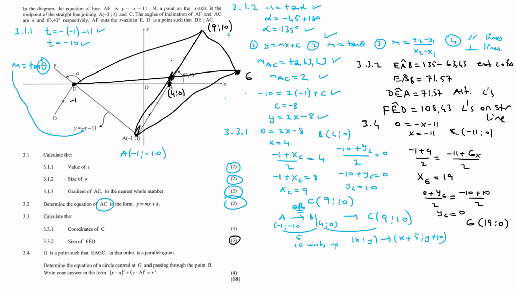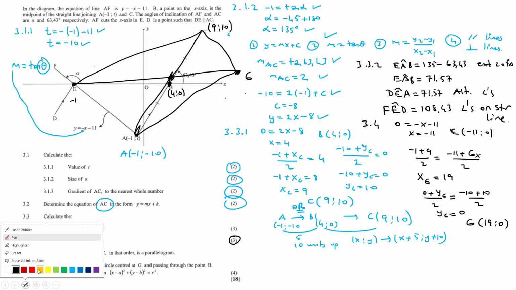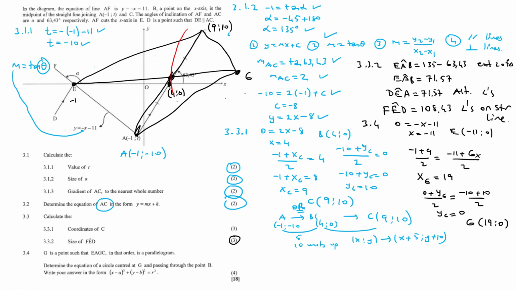The circle is passing through point B. So this is the circle that we're talking about, passing through B with center G. We just found out that the coordinates of G are 19 and 0. Then we can find the radius, which is GB. R squared will be equal to 4 minus 19 squared plus 0 squared, which is equal to 225.